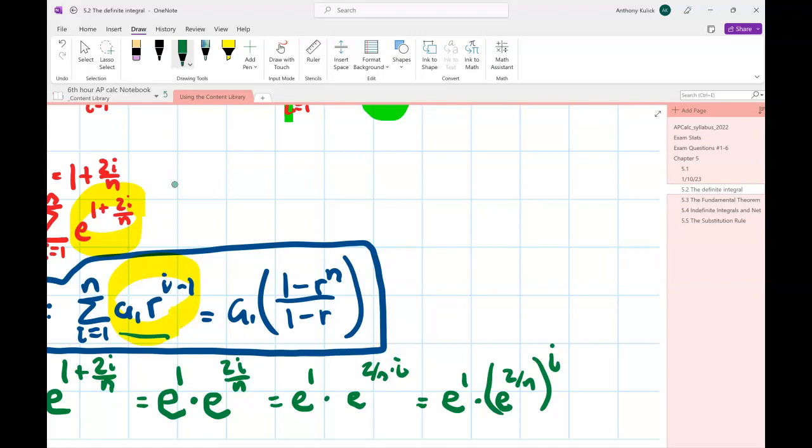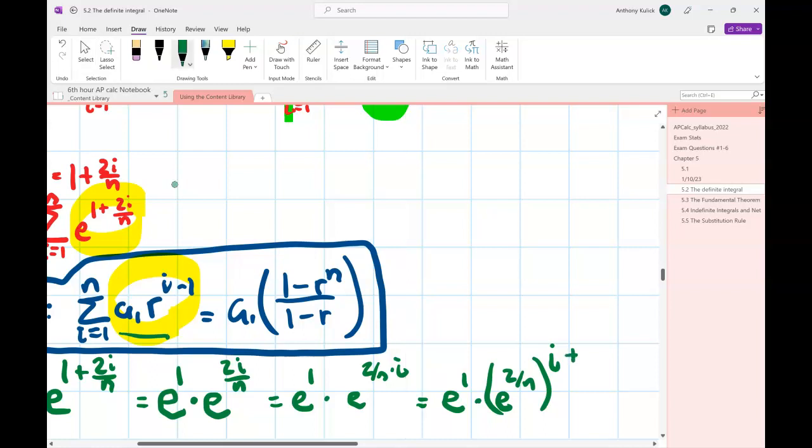Everybody's good with that? So now I have an r to the i. I've rearranged it so I have an r to the i. So I just need to get that minus 1 up there.